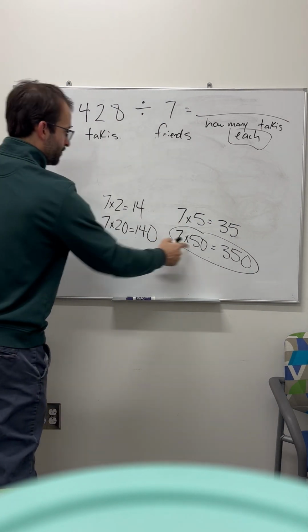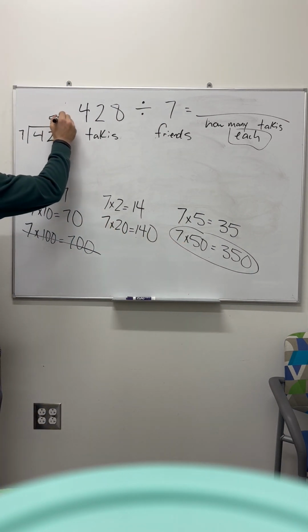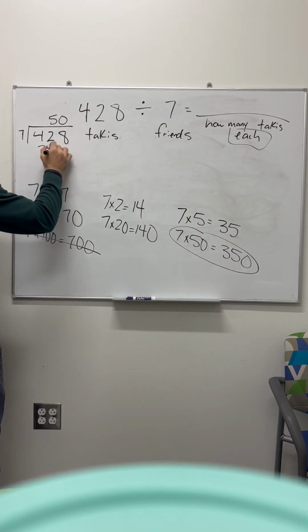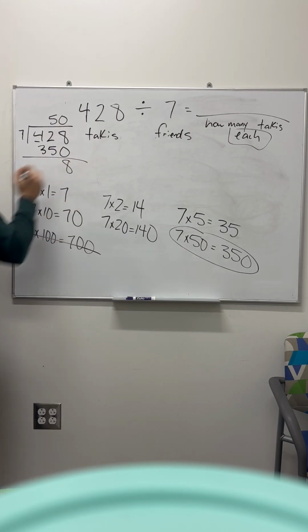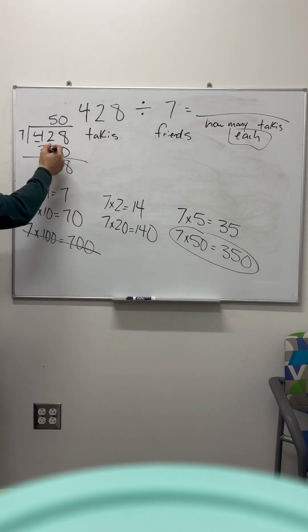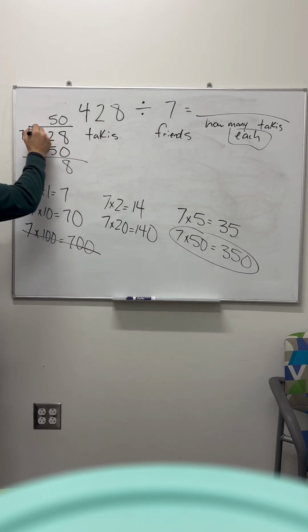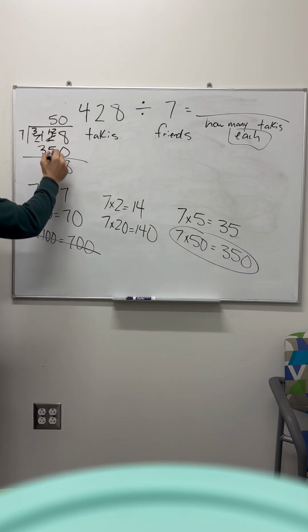So I'm gonna do 50 on top, and I'm gonna take away 350. Okay, 8 minus 0. All right, I can't do this. If I have 2, I can't take away 5, so I have to borrow and add 10.